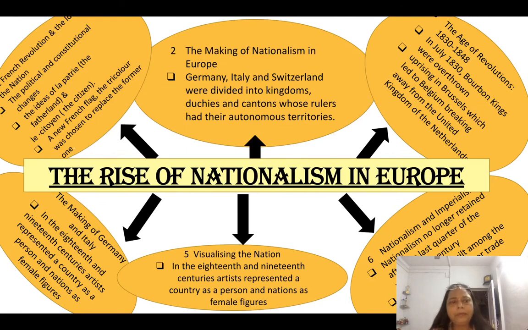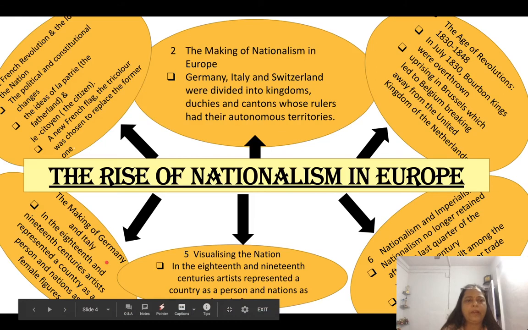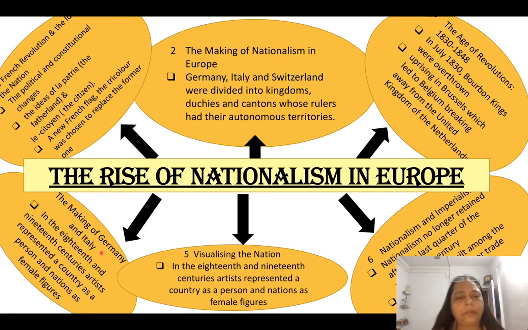Now when we come to the fourth point, the making of Germany and Italy, this point explains the unification of Germany and the unification of Italy. In the 18th and 19th century, artists represented a country as a person and nations as female figures. Here you study how Europe moved away after 1848 and Germany and Italy came to be unified as nation states.